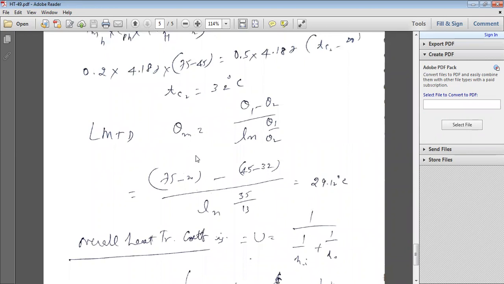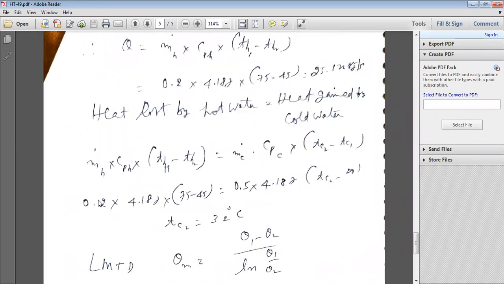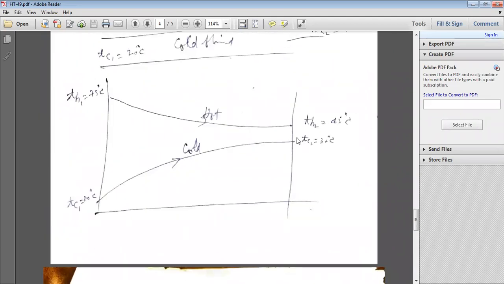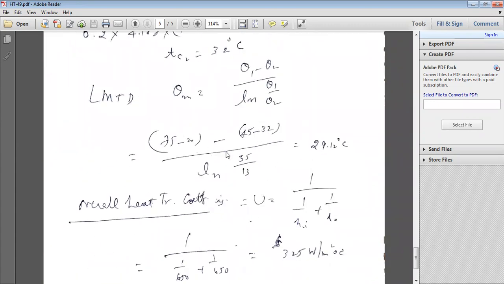Here TH1 is 75 and TC1 is 20, so theta 1 is 75 minus 20, which is 55. Theta 2 is TH2 minus TC2, which is 45 minus 32, that is 13. So theta mean is 55 minus 13 divided by the natural logarithm of 55 by 13. From this, we get the log mean temperature difference as 29.12.